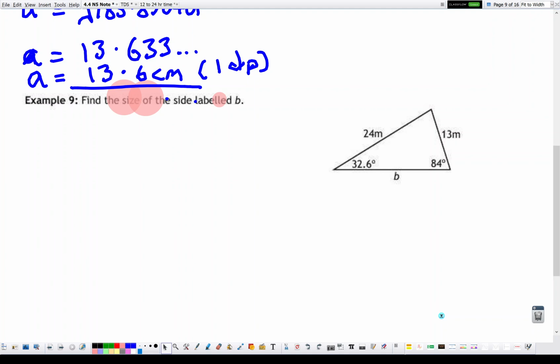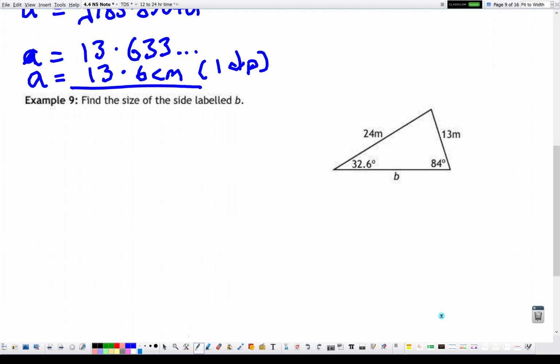Okay, so let's go for it. So find the size of the side. I'll rub out all this nonsense that's here. Right, draw me that new triangle, please. And we are finding the size of the side labelled B. So you need to again be very, very careful with how you label your triangle.